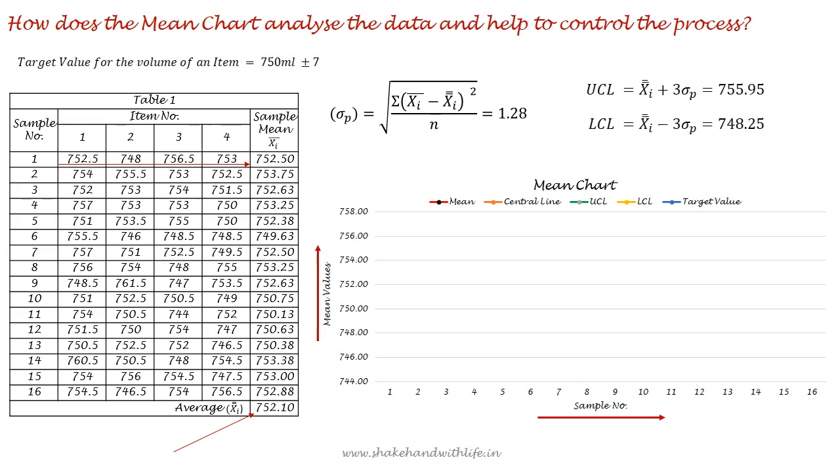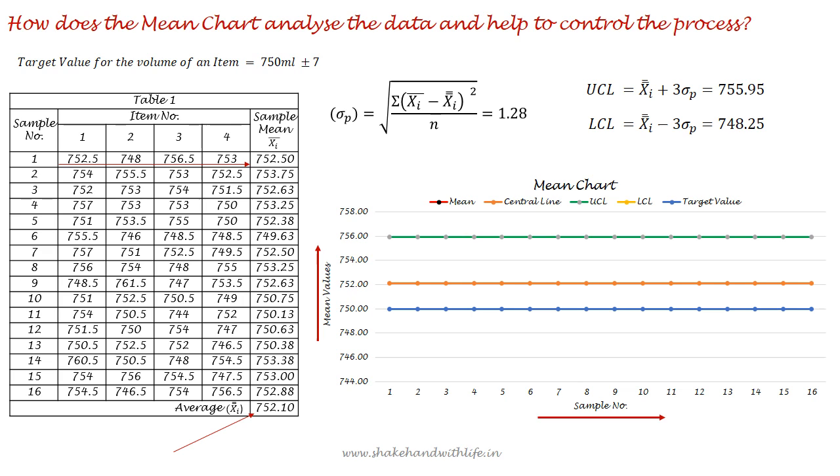Draw straight lines from the y-axis parallel to the x-axis at 750, the target line, at 752.10, the process average, and at 755.95 and 748.25, the upper and lower control limits. Now draw the dot plot for sample mean values against each sample number. For better accuracy, the process average should be close to the target line, but the difference between the orange and blue line shows the accuracy suffers by 2.10.